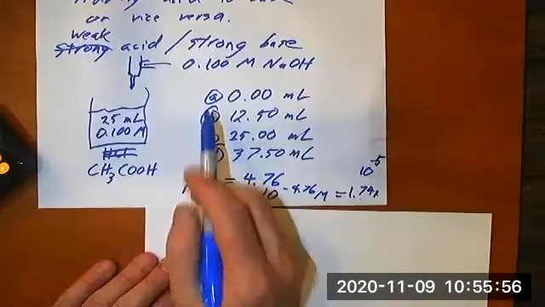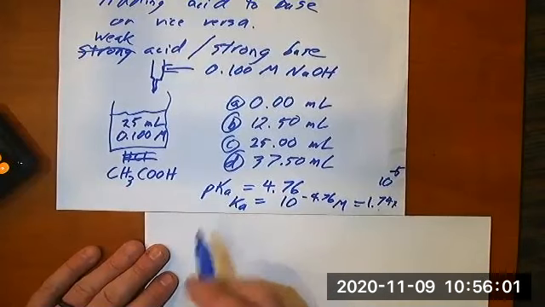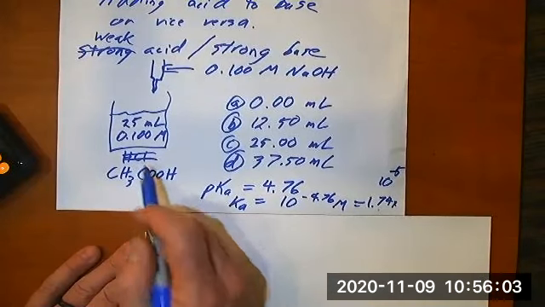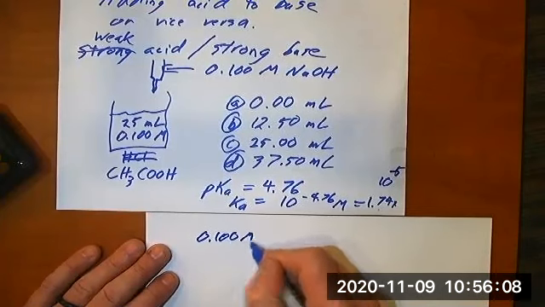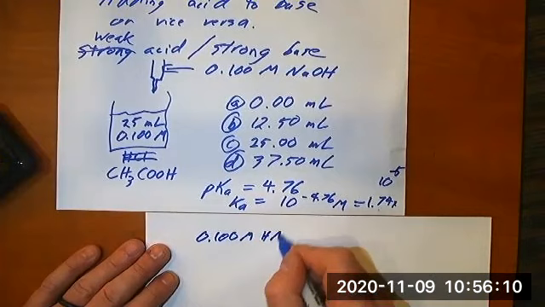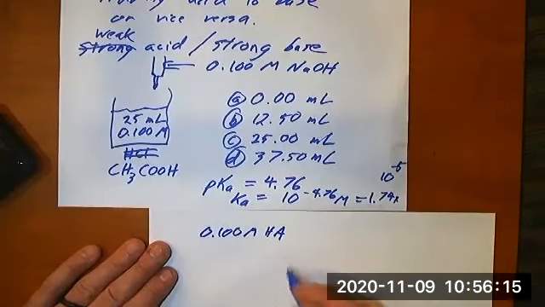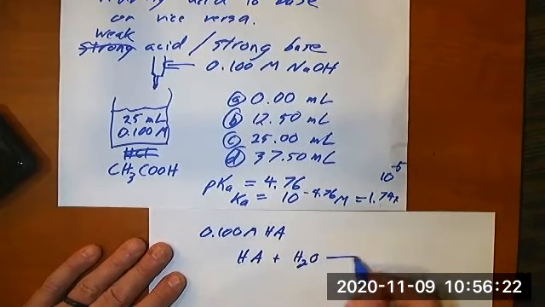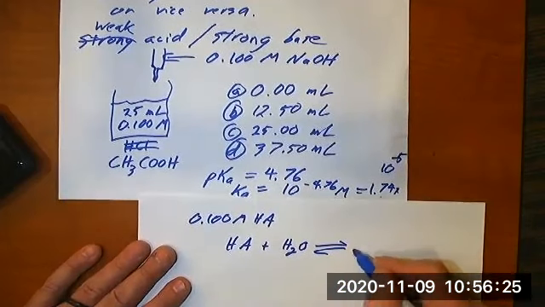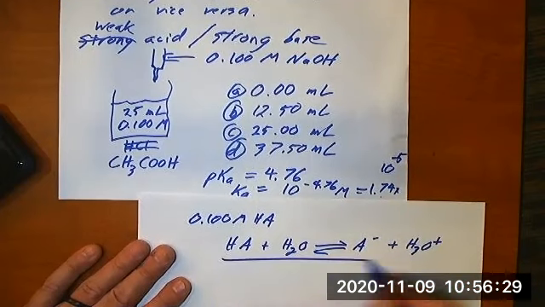So let's start with A, where we've added none of the sodium hydroxide yet. At that point, we have simply 0.100 molar acetic acid. I'm going to abbreviate it HA. So you can do this using an ice table. HA plus H2O is in equilibrium with A minus plus H3O plus.